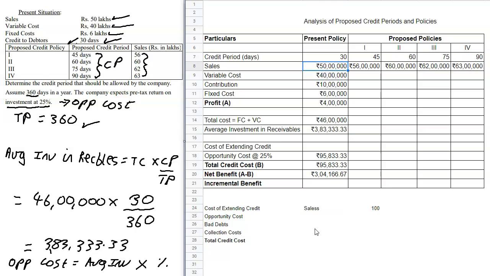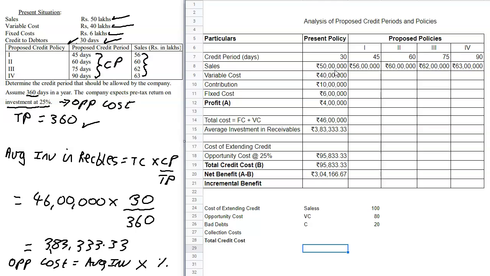So 40 upon 50 into 100, you'll get 80%. So this is 80 and contribution will be 20. And therefore you simply take this number across the board, multiply it into 80%, you'll get variable cost. Again, take these numbers across the board, multiply it into 20%, you'll get contribution, or you can subtract, or simply stick to the same old cross multiplication.